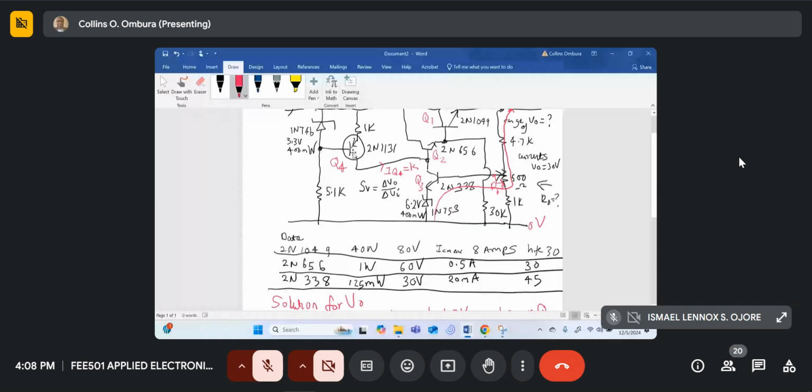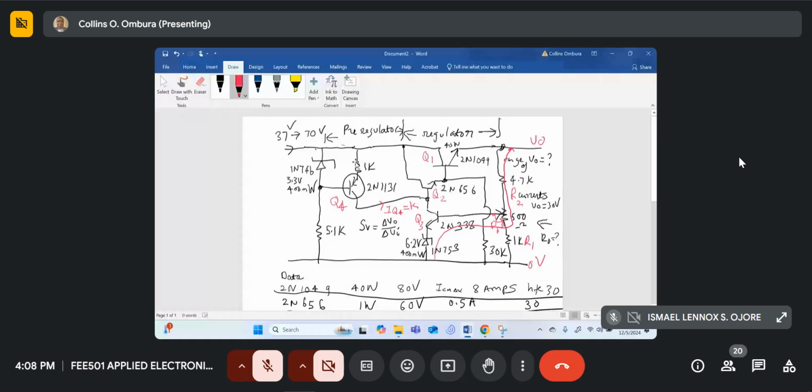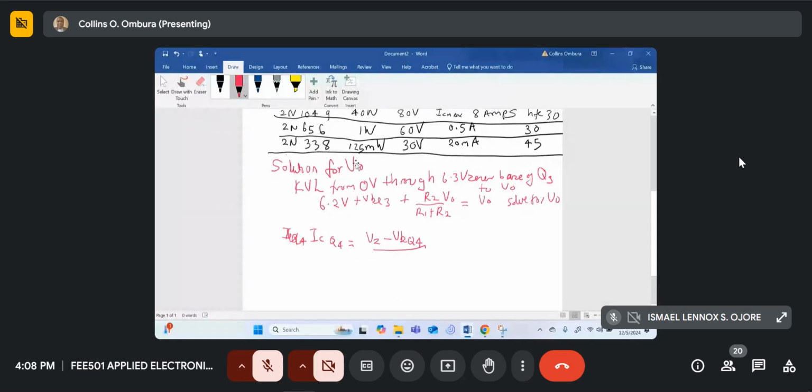And this is IN746 at 3.3 volts Zener. And you can use 0.6 as your active voltage for the thing. So over 1K. So this is VZ, 3.3 and 0.6 over 1K. So this will be in milliamps. So this is your constant current.